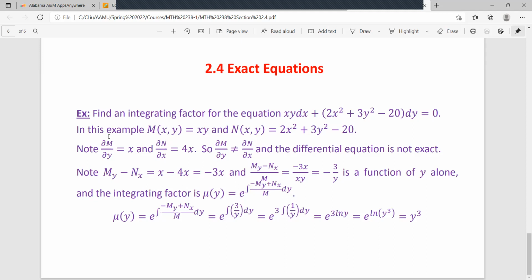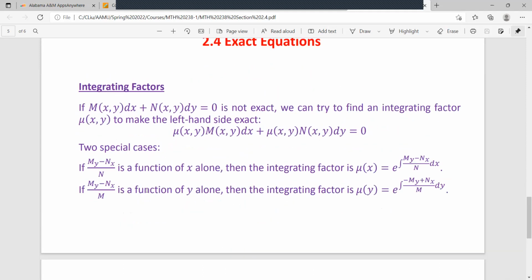So let's see if we can find the integrating factor to make this equation exact. What we need to do is check whether we can fit this problem into the two special cases.